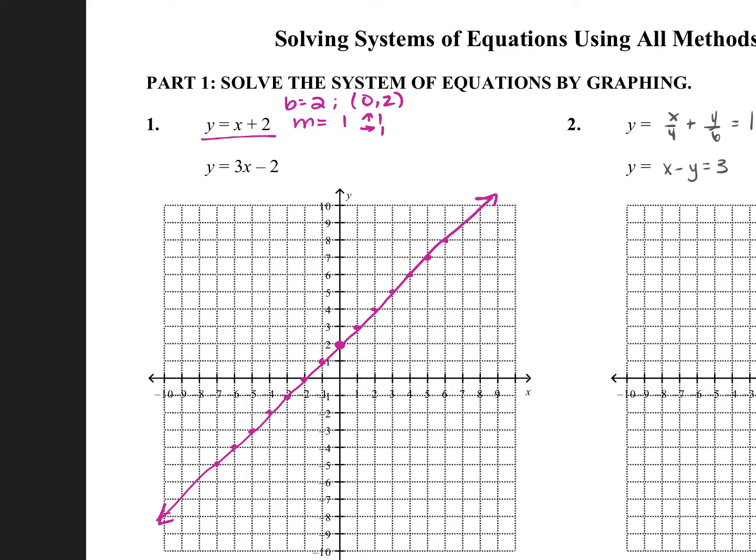From here, we'll just plot the next line and see where the two cross. So with your next one, you have y is equal to 3x minus 2. Your b is negative 2. That's the ordered pair 0, negative 2. Your slope is 3, or 3 over 1, which means we're going to go up 3 and to the right 1. So starting at that 0, negative 2, up 3 to the right 1.